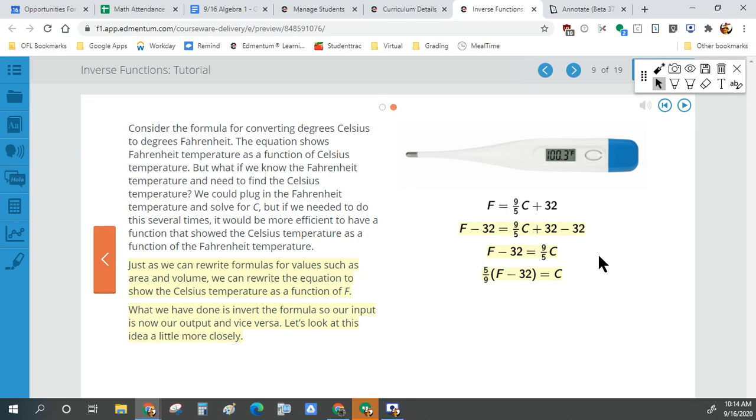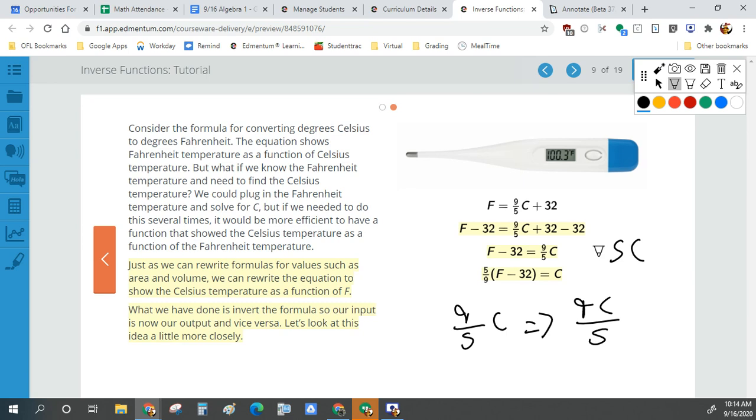So even if you wanted to do, you're like, how do I get rid of all of this? Just remember, this is the same thing as 9c over 5. It's the same thing, it's just written differently because it looks nicer being on the side. So you can always get rid of this by multiplying everything by f minus 32.